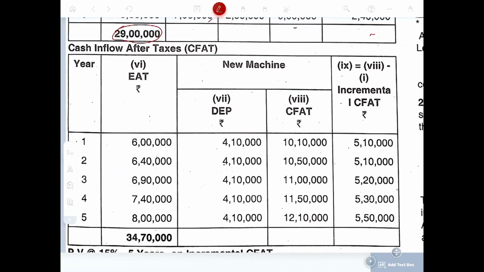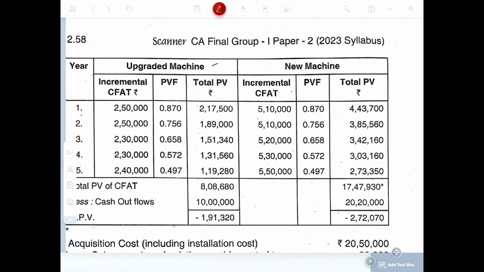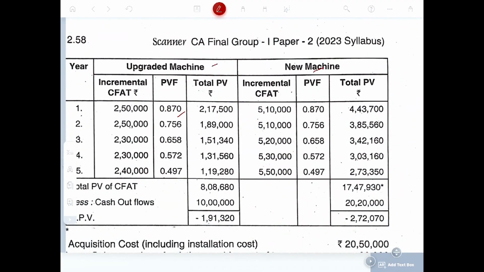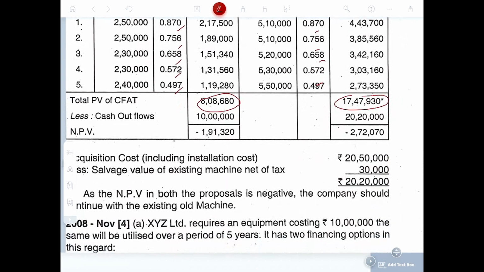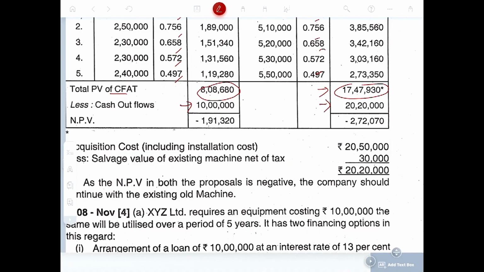New machine 4 lakh 10,000 depreciation added. Adding the business, 10 lakh incremental, from this how much has come: 5 lakh 10, 5 lakh 10. Upgraded machine, new machine, so 2,50,000, 2,50,000, add that. Here 5,10,000, present value at 15% multiplied gives 5,18,000. Multiplying at 15% gives 17 lakhs. So total present value 17 lakhs, cash outflow 10 lakhs, cash outflow 20 lakhs, so net present value is 1,19,000, net present value is 2,90,000.